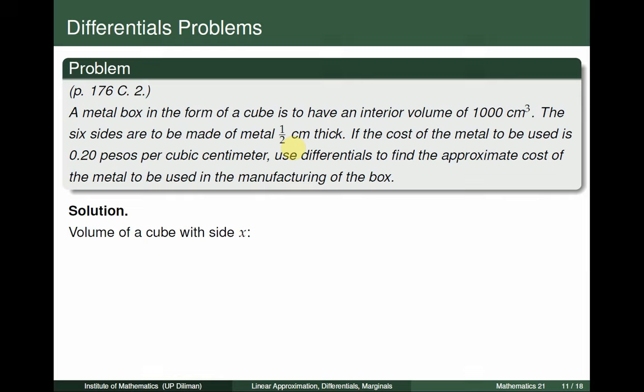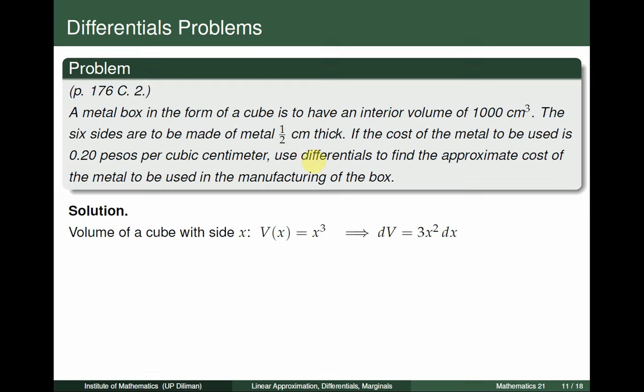First, we need to recall the volume of a cube with side x. Let's call it V of x, and the formula is x cubed. Now, let's get the difference in volume or the differential. The differential in the volume is dV. By the formula for differentials, it is 3x squared dx. So, what is the volume of the metal material? It is delta V. And what is the change in the side? 6 sides are to be made of metal 1/2 centimeter thick.